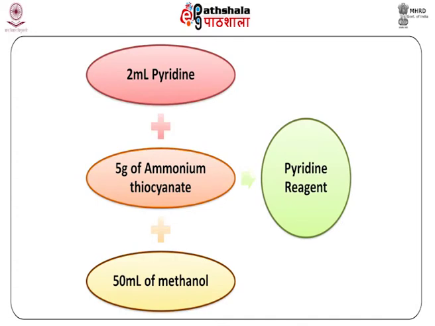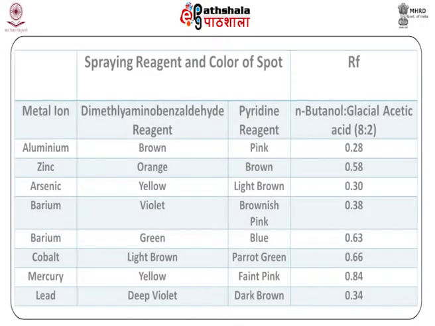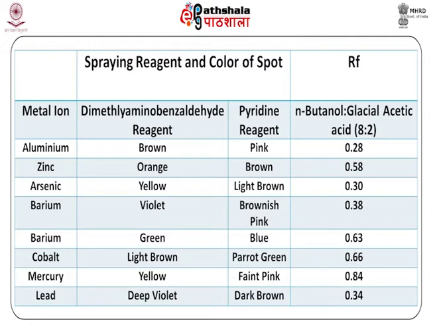B. Pyridine reagent is prepared by adding 2 milliliters pyridine and 5 grams of ammonium thiocyanate in 50 milliliters of methanol. The table shows the response of various cations to the solvent system N-butanol to glacial acetic acid in the ratio of 8:2, after spraying the TLC plate with dimethyl aminobenzaldehyde reagent and pyridine reagent.